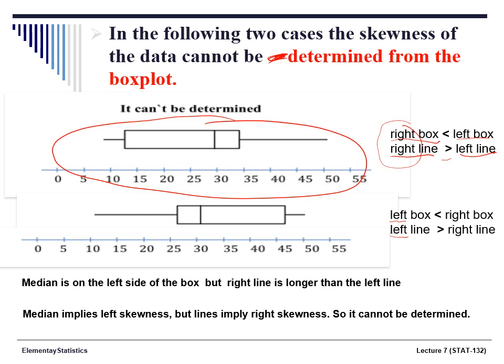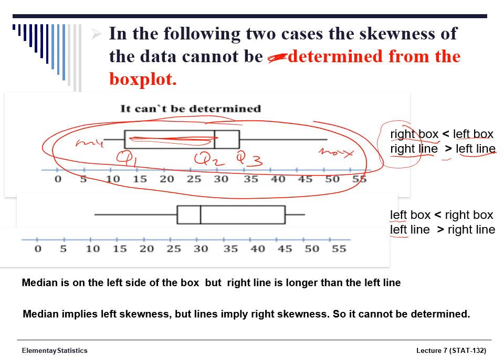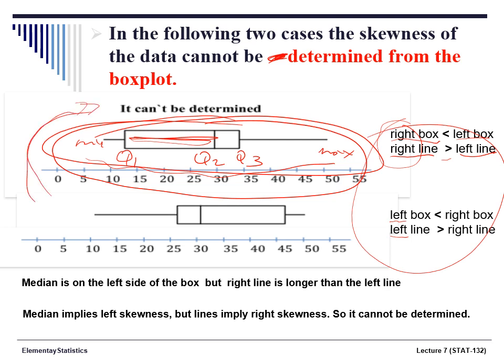You have to be careful about this: this is Q1, this is Q2, Q3. You have to check the distances when we give the 5-number summary. You should be able to tell the skewness of the data from the 5-number summary. You might be given just the 5-number summary and then asked about the skewness. So these are the two cases where we cannot determine the skewness of the distribution.